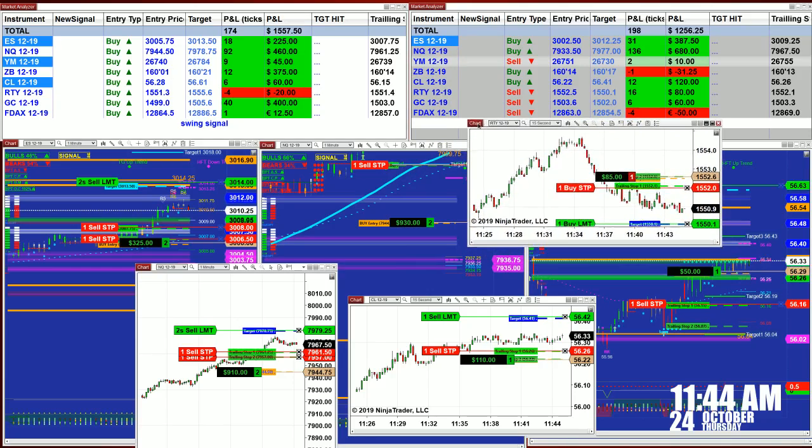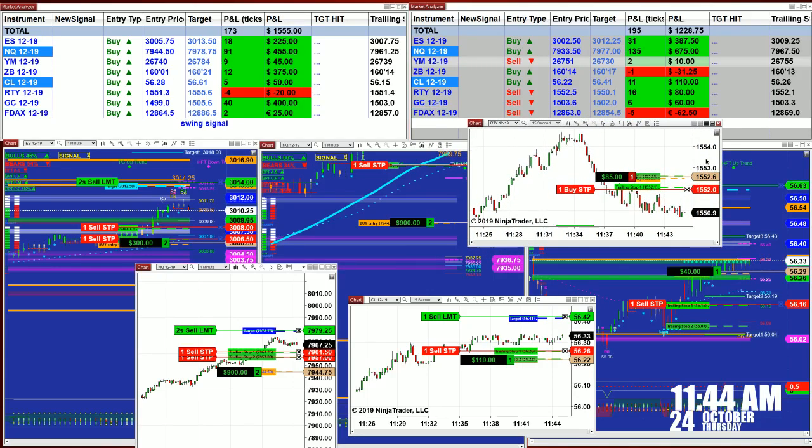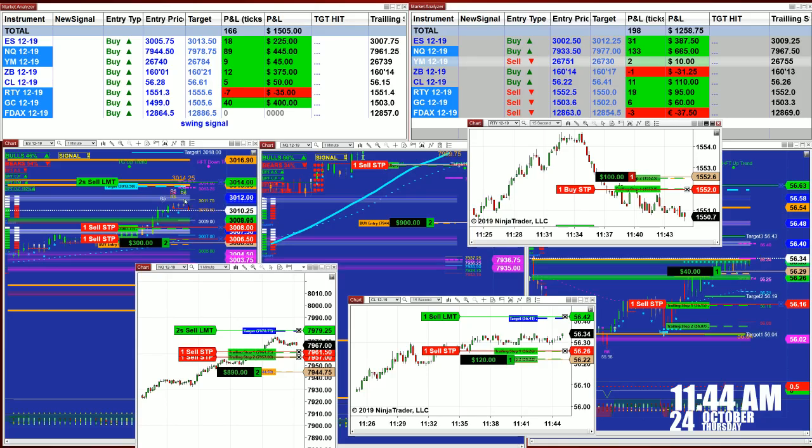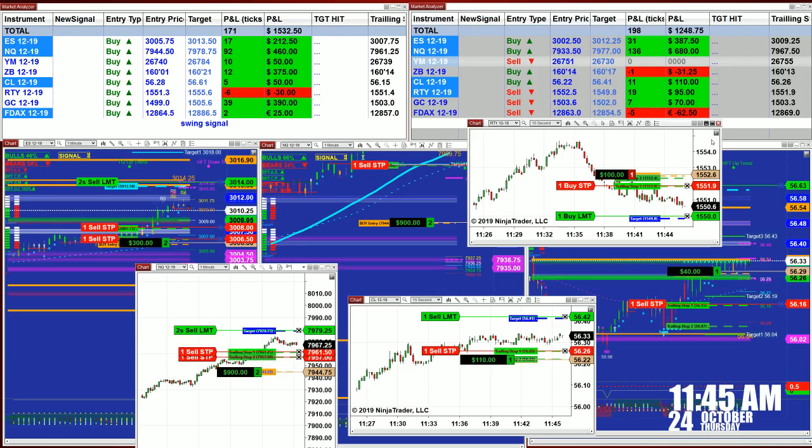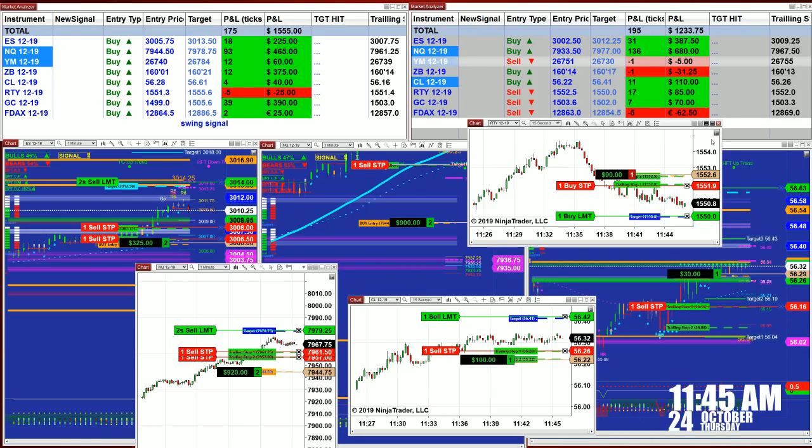And the ES is over, guys. The ES NASDAQ is over. It's going back to retest 3009. And actually the Russell is over as well.